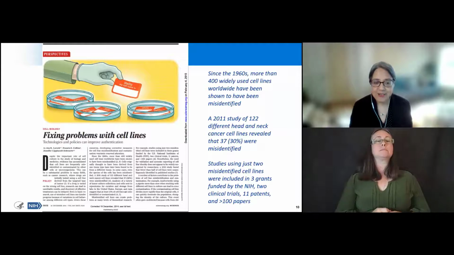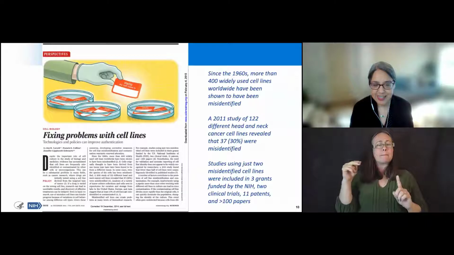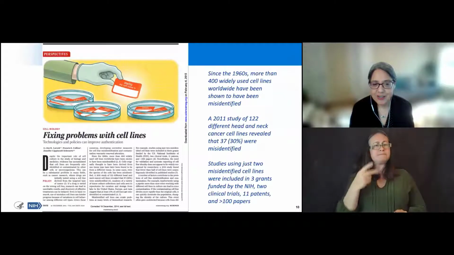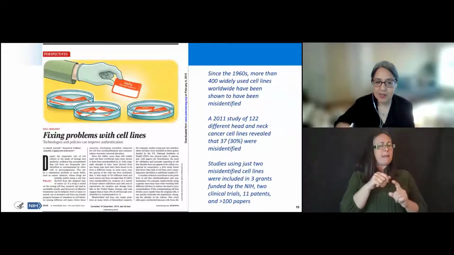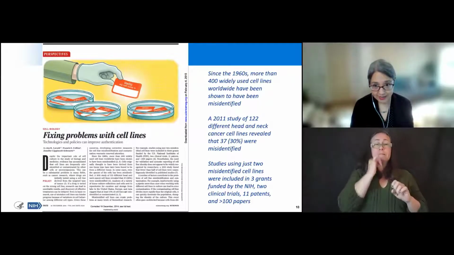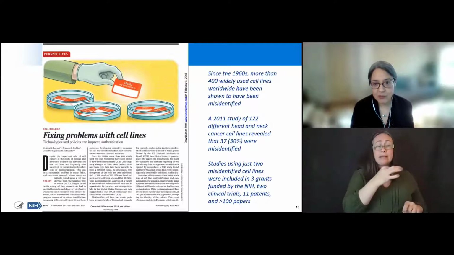Then the third perspective that came out in 2014 by NIH was this one here. It made a couple of points, all dealing with the problems with misidentified cell lines. Since the 1960s, more than 400 widely used cell lines worldwide have been shown to have been misidentified.